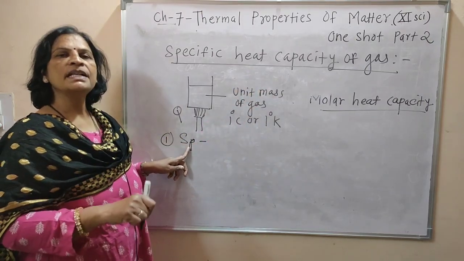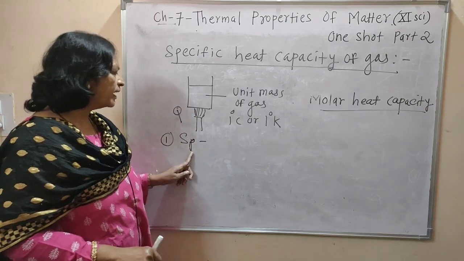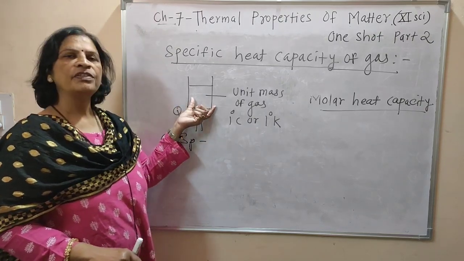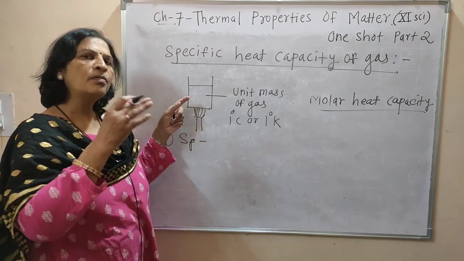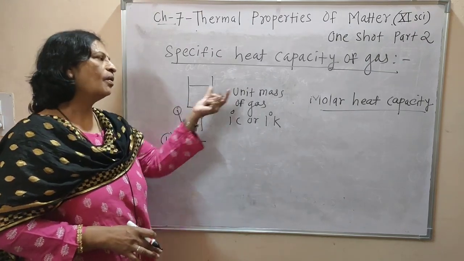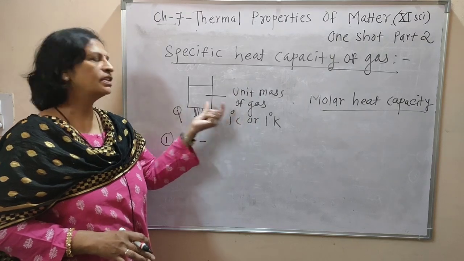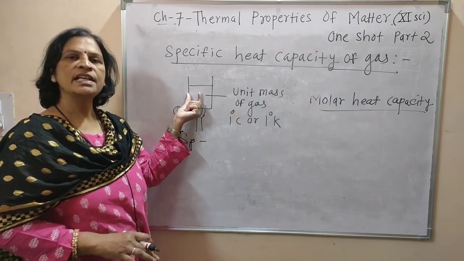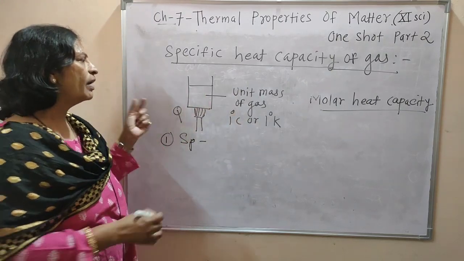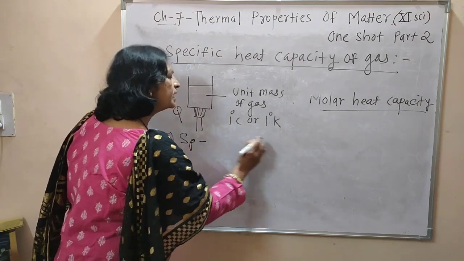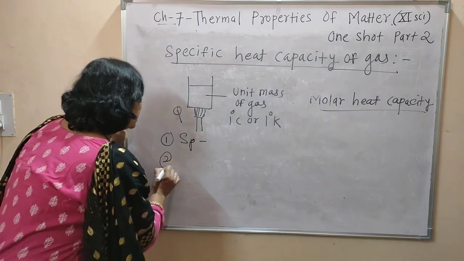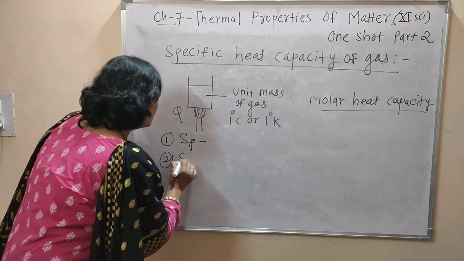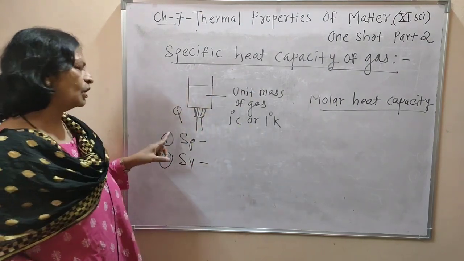Specific heat capacity of a gas is defined as the amount of heat or quantity of heat required to raise or fall the temperature of unit mass of a gas through 1 degree Celsius or 1 degree Kelvin when its pressure is kept constant.